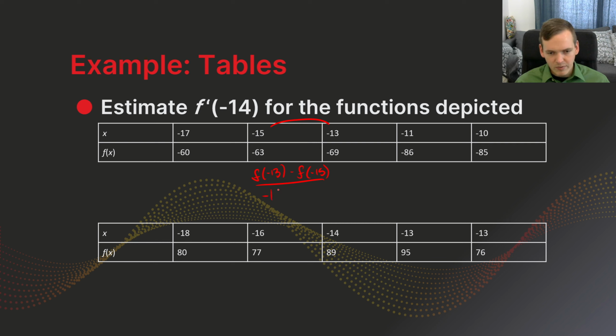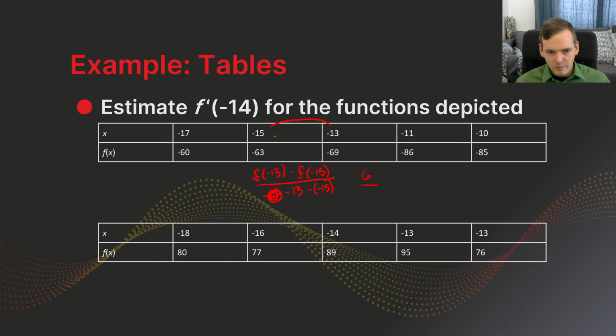divided by -13 minus -15. And this will give us -63 minus -69, which gives us +6.